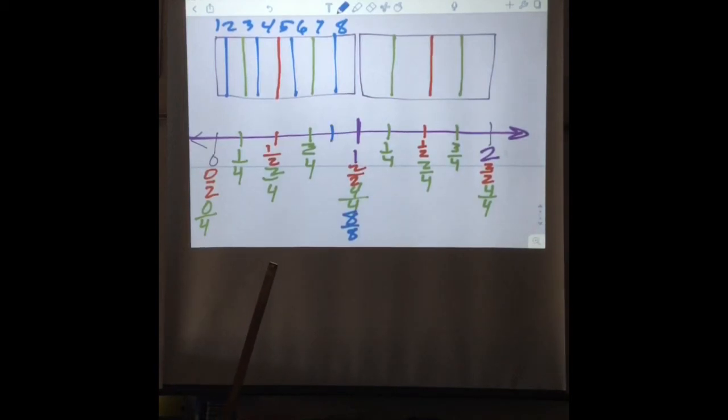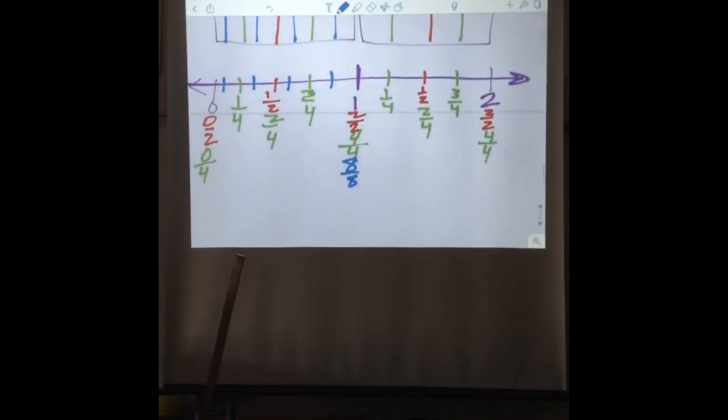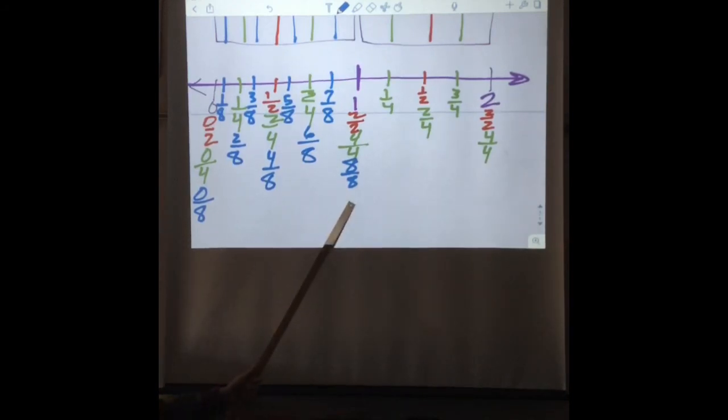So I'm cutting my fourths in half again. So that's going to give us eighths. So I'm going to have to push this up a little bit. And I have 0 over 8 here, 1/8 here, 2/8, 3/8, 4/8, 5/8, 6/8, 7/8, and we have our 8/8 already, right?